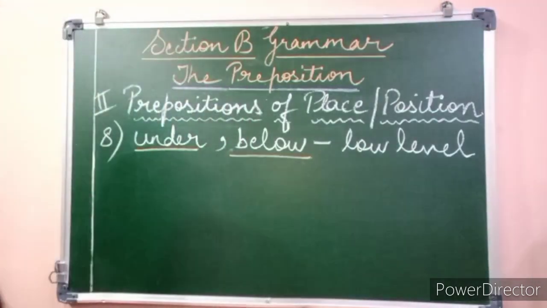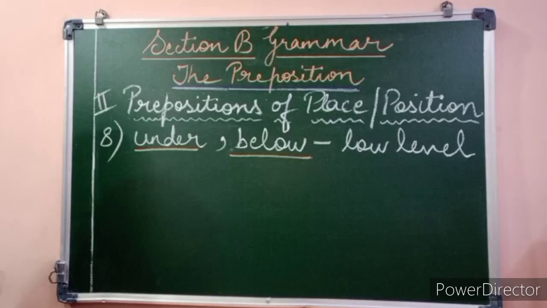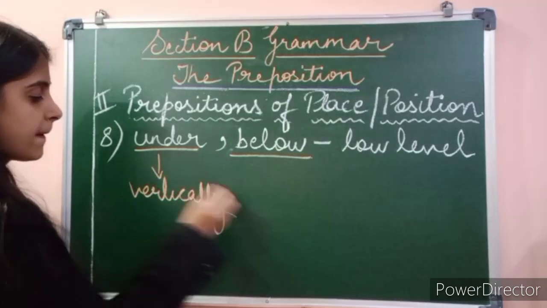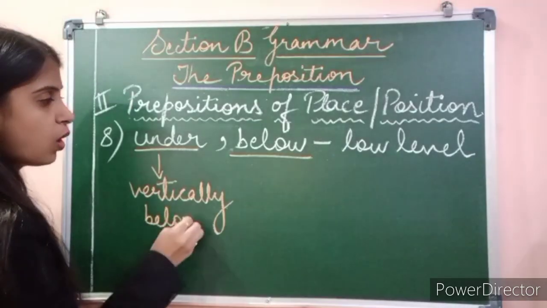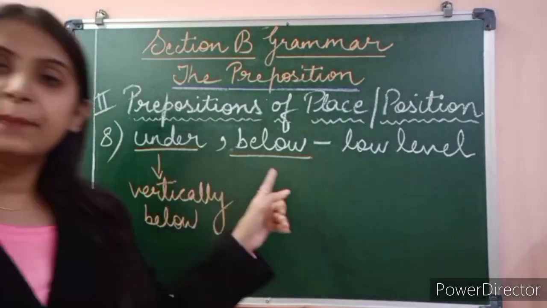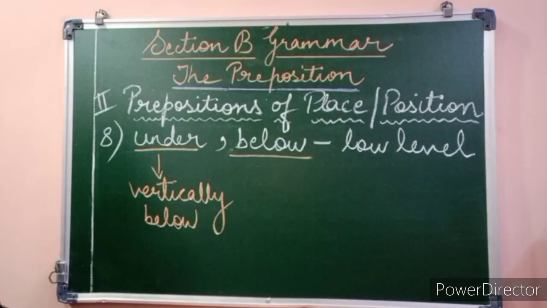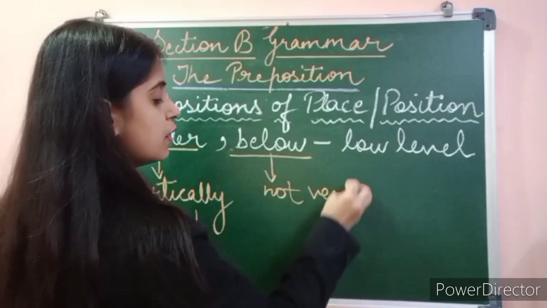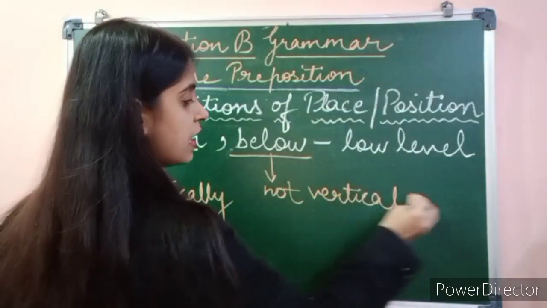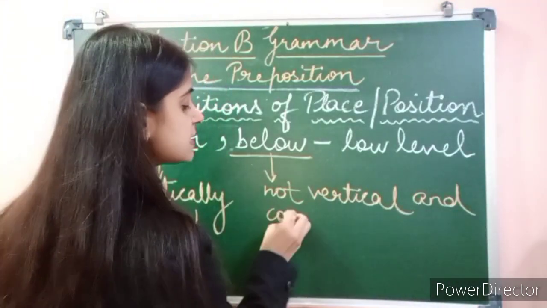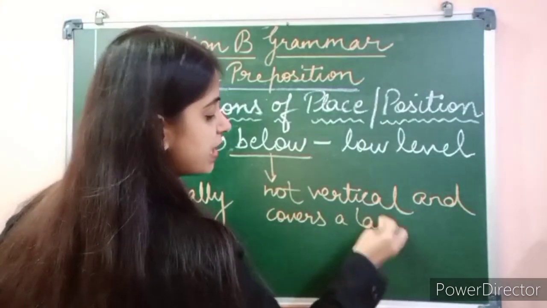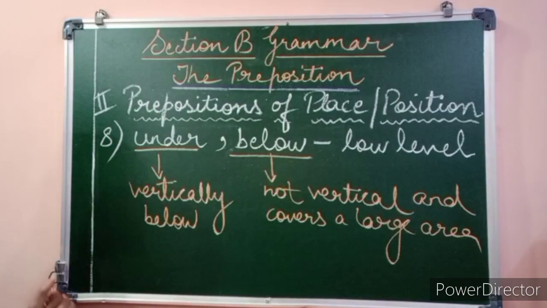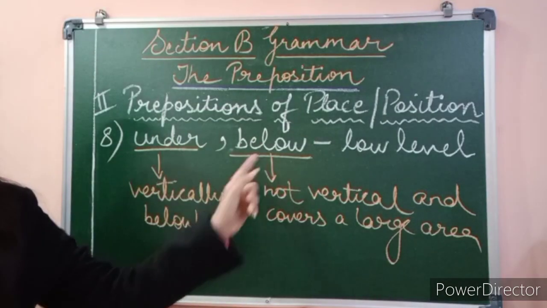Same way, under will be used when something will be vertically below. And below will be used when something is not vertical, and covers a large area. I hope it is clear to you. It is just the opposite of over and above, right?